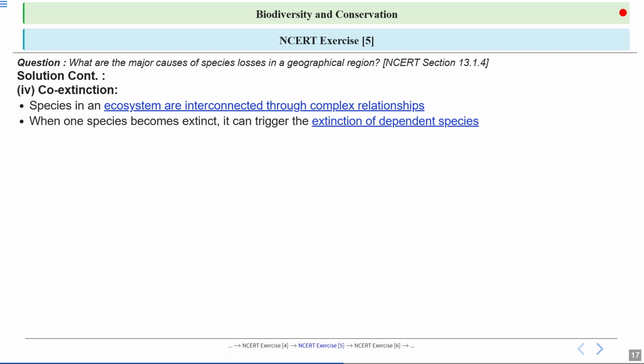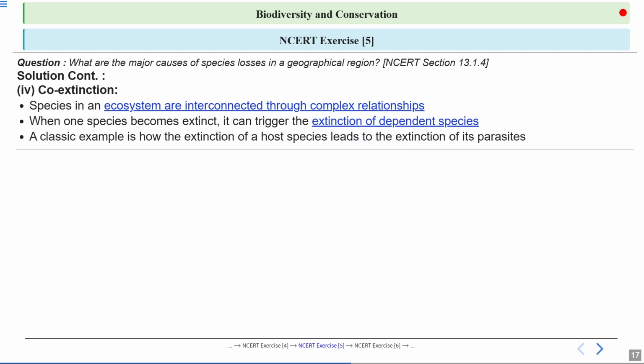This happens because many species are interdependent in an ecosystem, like how plants provide food for the herbivores, which in turn feed carnivores. Clear? If a plant species disappears, the animals that rely on it for food may also vanish, leading to a chain reaction.